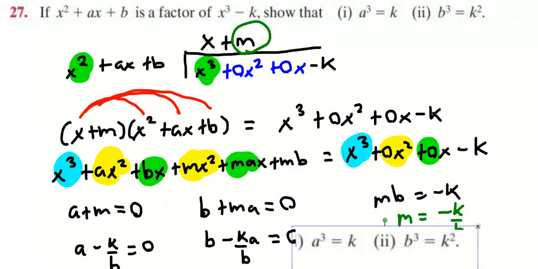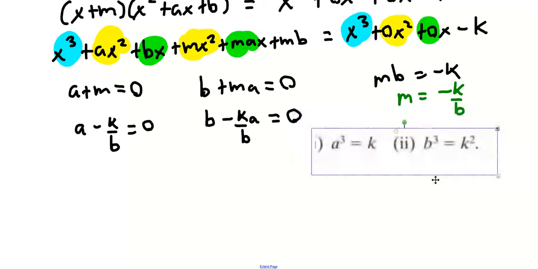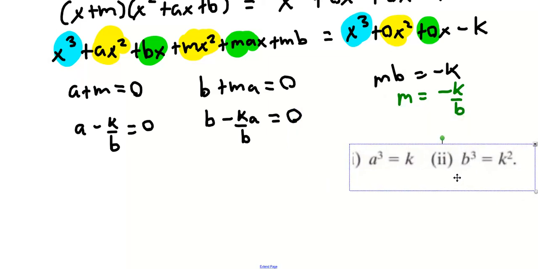Now I'm looking at that and at this one here and I'm going, okay, this is quite difficult. I'm not too sure where I'm going with this just yet, but we will figure it out. So a cubed equals k, and b cubed equals k squared. Interesting.